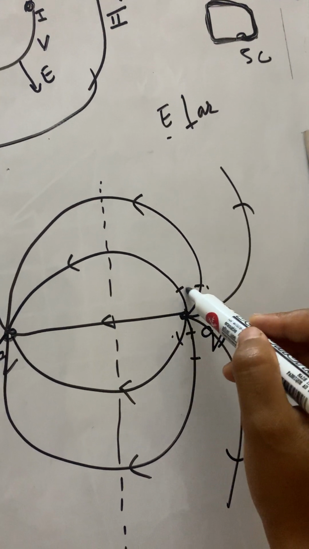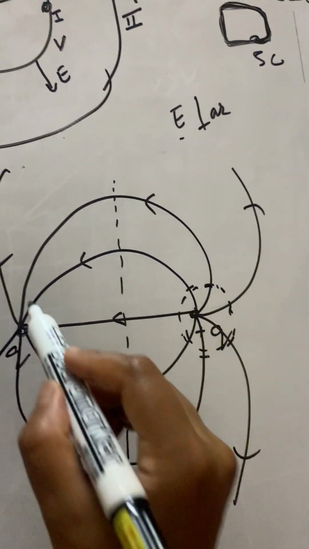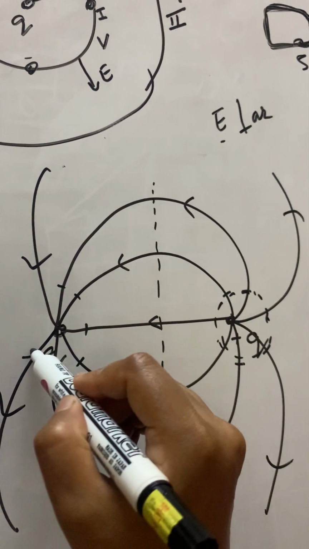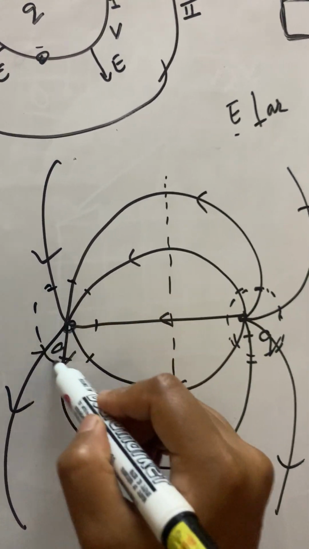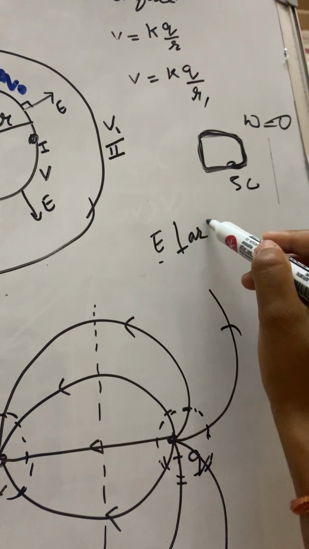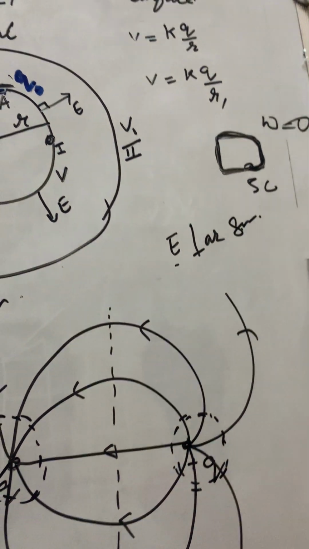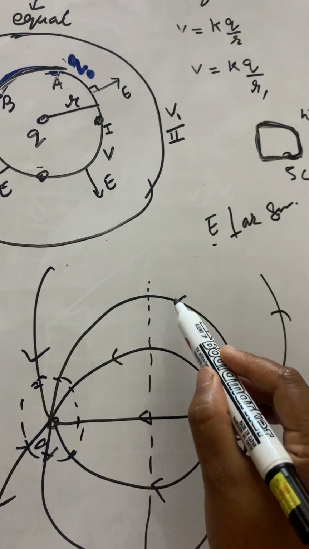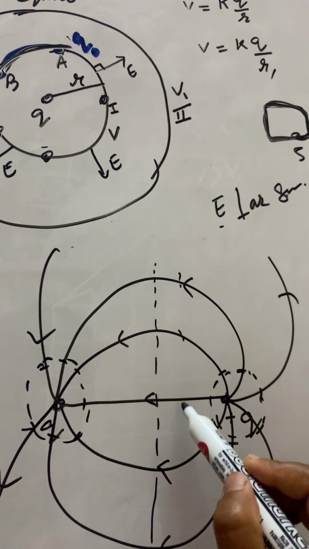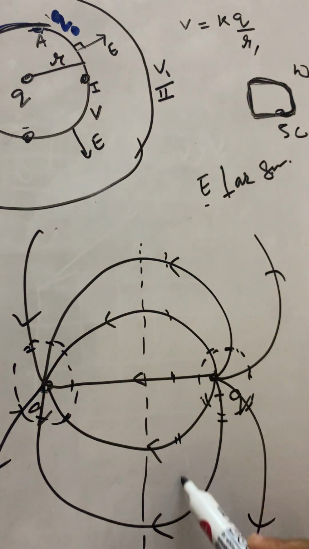If you join it, it will come at this point also. Okay, this is quite complicated, however you will learn it. The electric field is perpendicular to the surface, so this is the field line. At this point also you make it perpendicular. Now you have to make it quite dense.